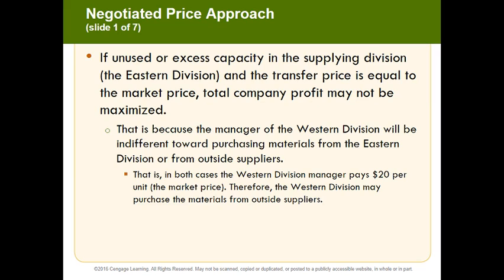So, in both cases, the Western Division manager is going to pay $20 per unit, whether it is from the Eastern Division or from their outside vendor. So the Western Division may purchase their materials from outside suppliers.